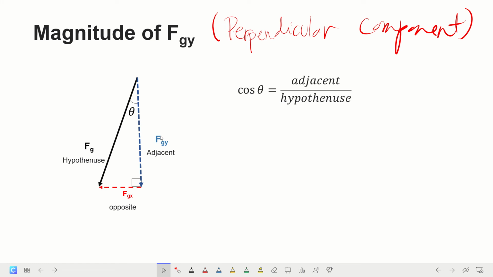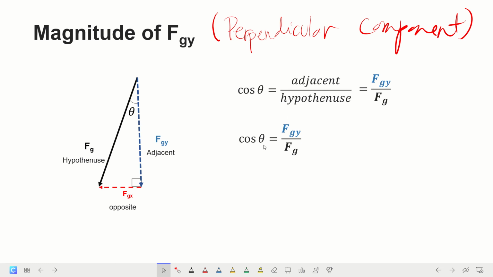Here, the adjacent, as we said, is the perpendicular component, which is F_g of y, and our hypotenuse is the force due to gravity. So we can substitute adjacent with the perpendicular component and hypotenuse with the force due to gravity, so that cosine theta is equal to F_g of y divided by F_g.